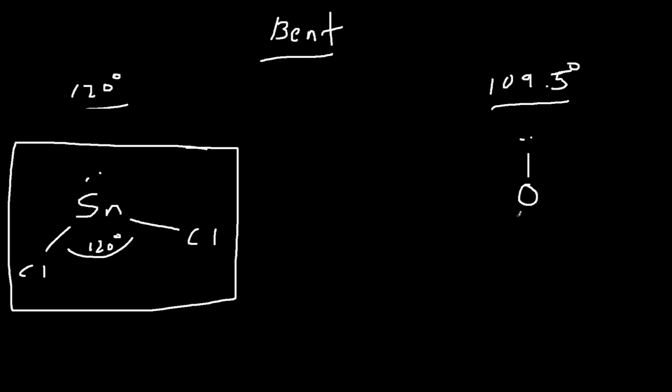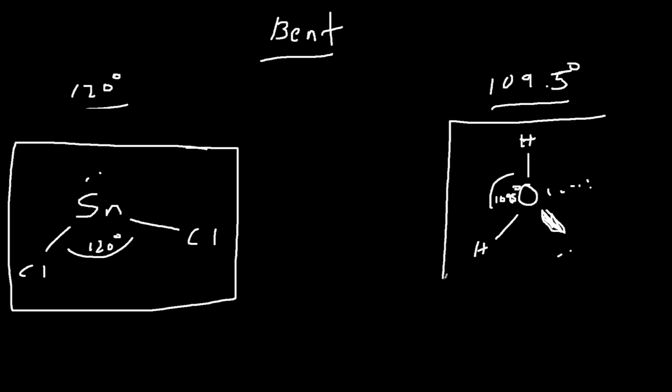I'll put the H here, because H2O, right? And then we're going to put the other two lone pairs here and here. So now, although it has tetrahedral electronic geometry, the molecular geometry is bent 109.5, with this angle being 109.5.